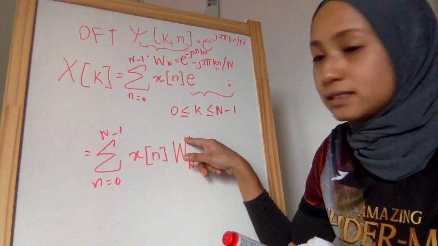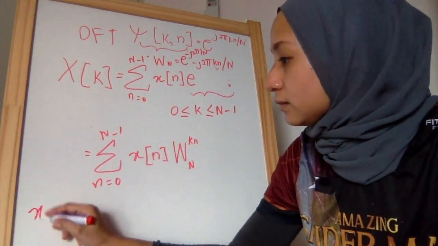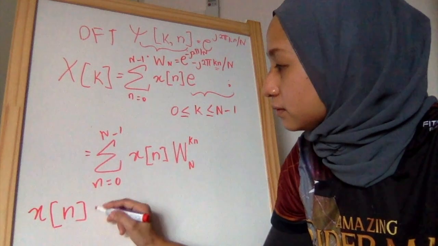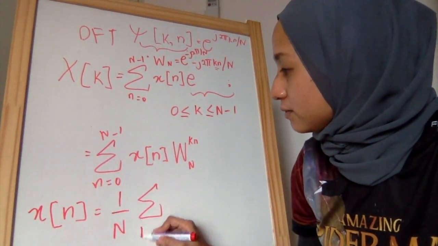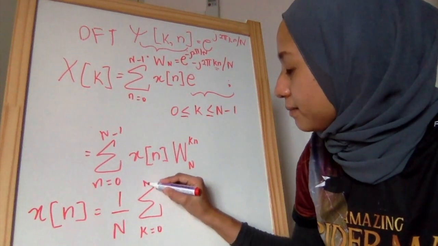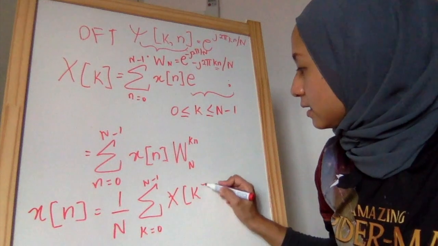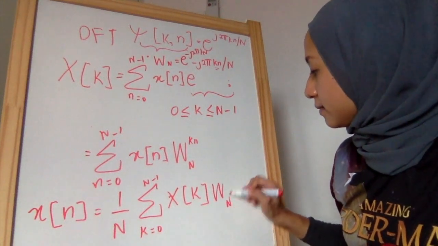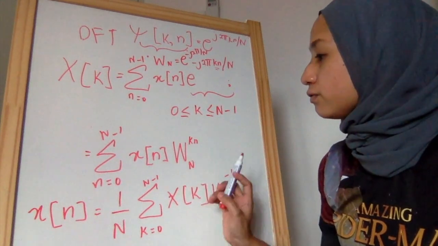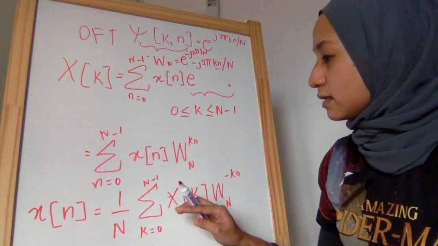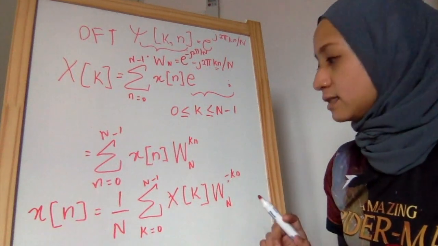Another thing is we have 1 over N, with k from 0 to N minus 1, Xk Wn minus Kn. Since we are going to find the opposite of Xk, that's why we have minus.